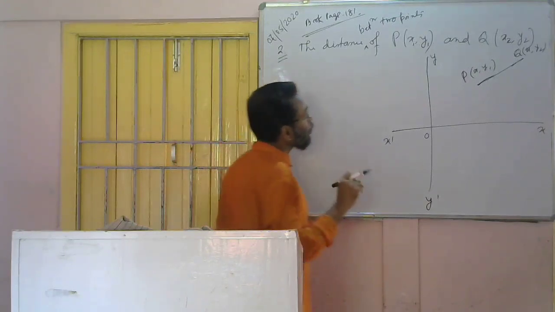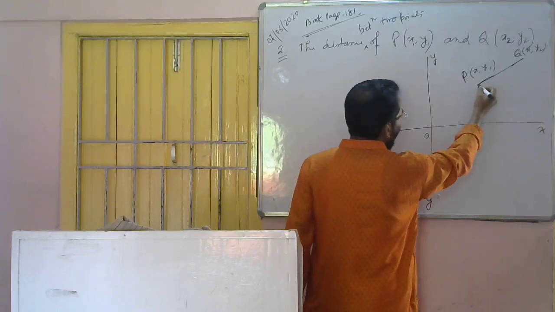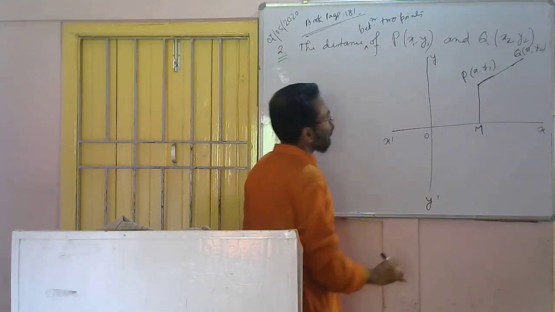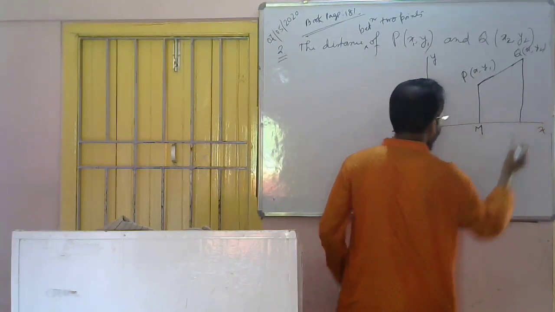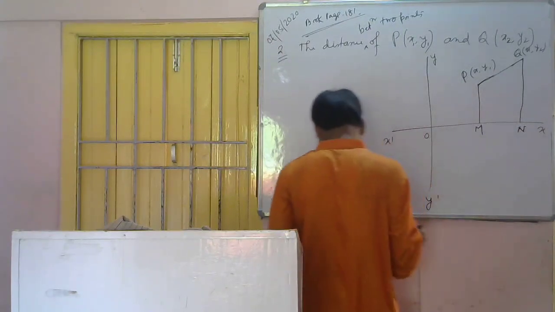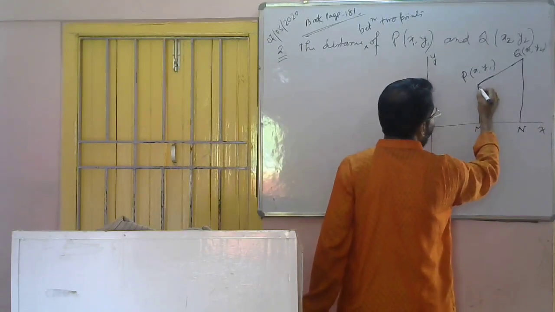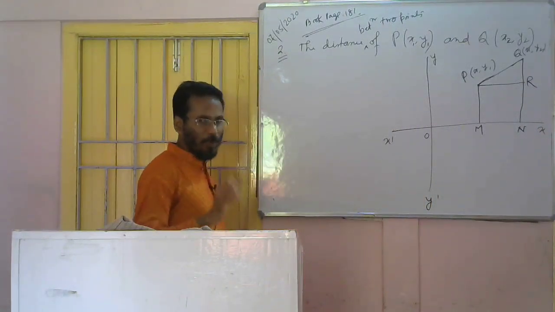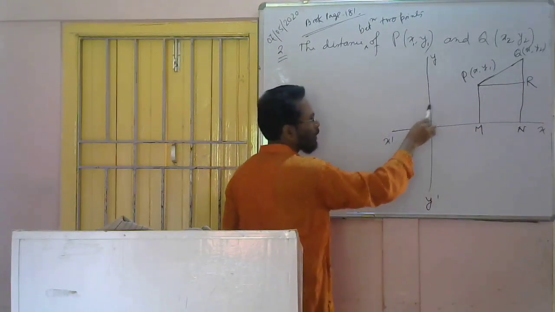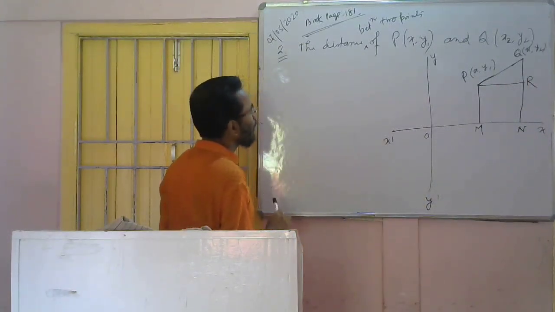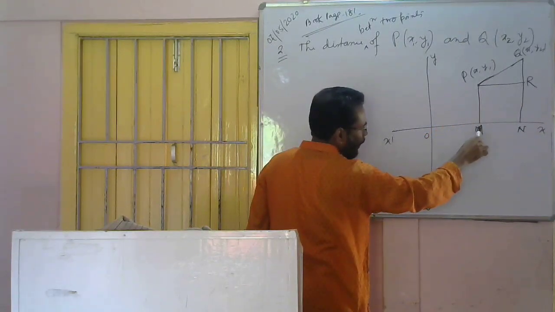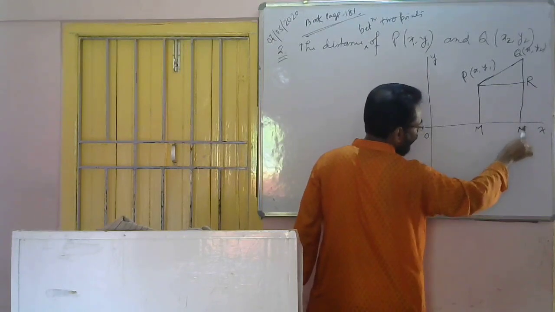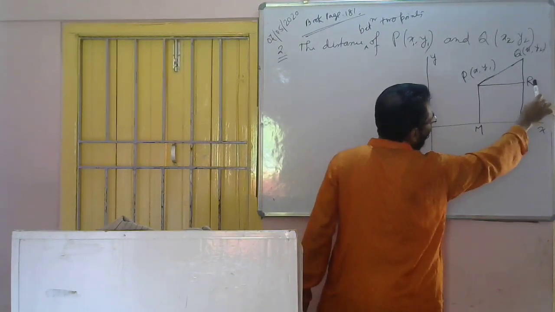In this we have to construct something. As earlier, from P we are drawing a perpendicular PM to the X axis, and from Q we are drawing another perpendicular QN, and from the point P we are drawing another perpendicular PR to QN. Clear? We have to find the distance from P to Q, and for this we draw three perpendiculars.